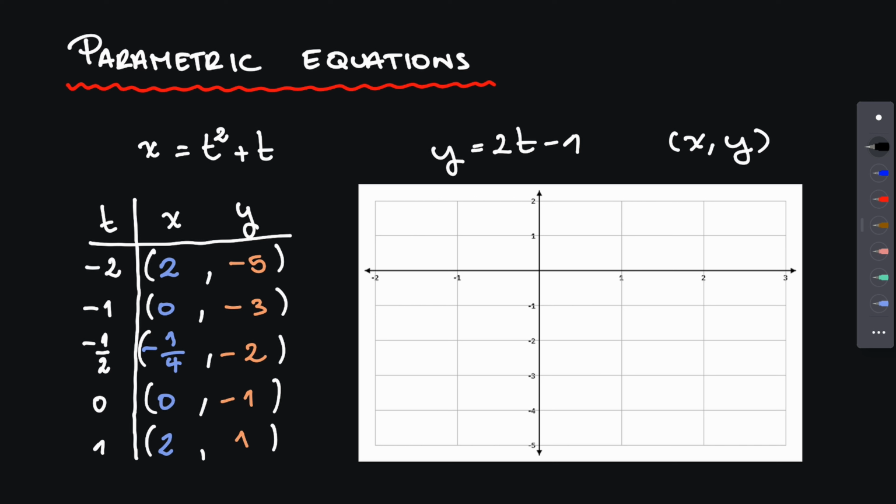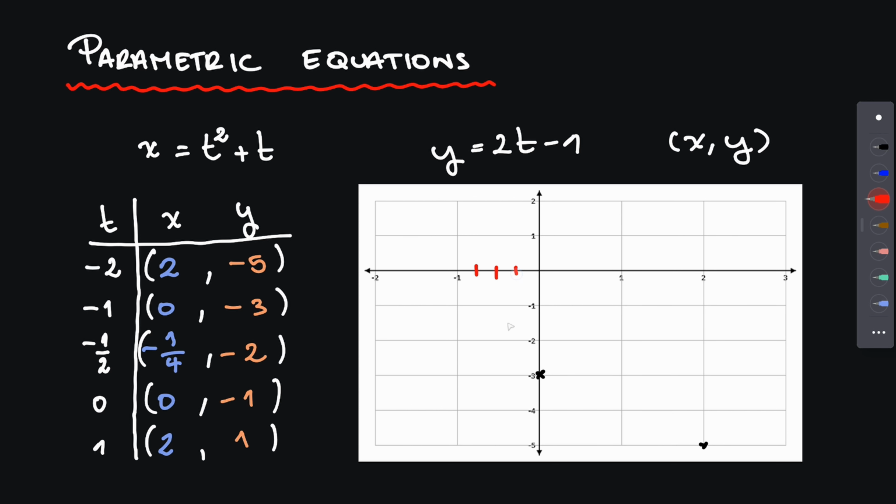So the coordinate 2 and -5, so 2 in x, -5 in y will be here, right? The next coordinate is 0 and -3. So 0 in x, -3 in y. So we have it here. -1/4 and -2. Okay, so we need to divide this unit into 4 pieces, right?